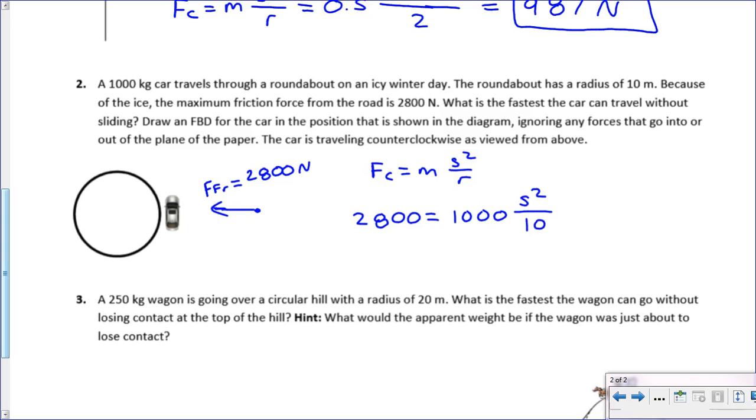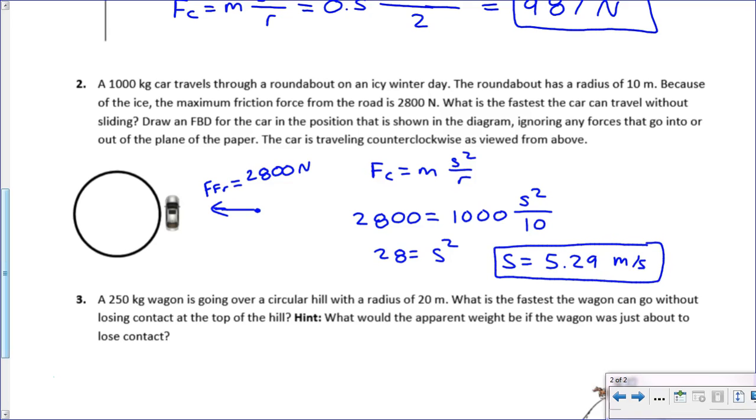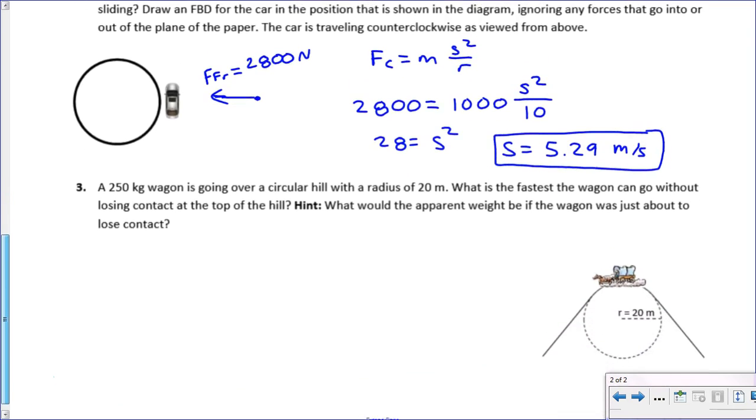If we simplify some of this, we end up with 28 equal to s squared. All right, so the speed here in this case would have to be 5.29 meters per second, the square root of 28. If you went any faster than this, your car would slide. If you went slower than this, then friction could keep you moving in the circle.